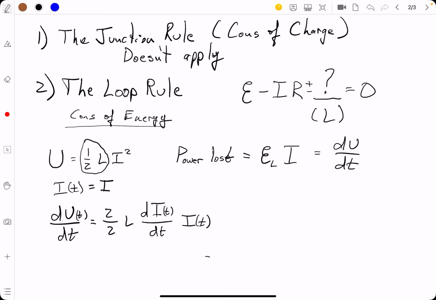I think, you know what? I'm going to do the derivative with you guys. Let's do the derivative together.